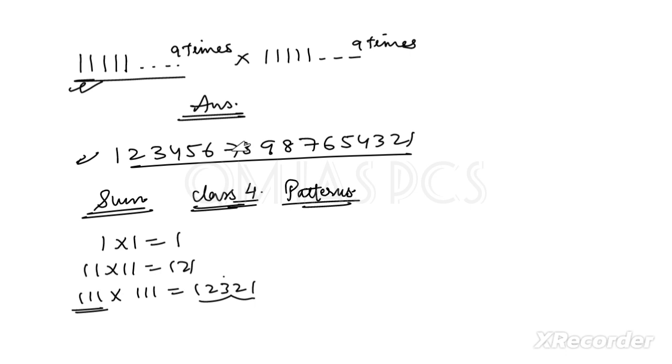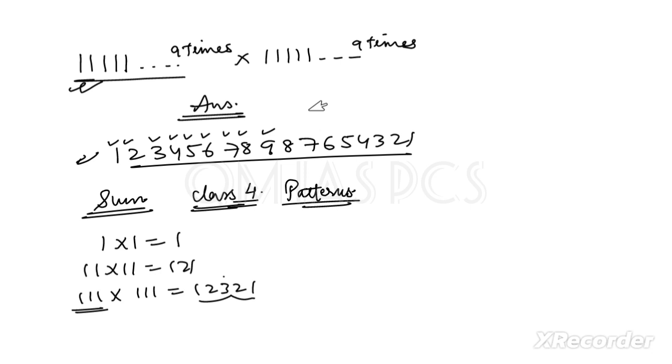You can add in your own way, no problem, but I will add in the form of AP. This is 1 2 3 4 5 6 7 8 9. You can add 9 numbers, or you can add 8 numbers and multiply by 2, since it is repeated.